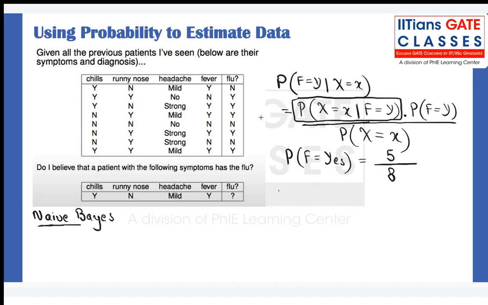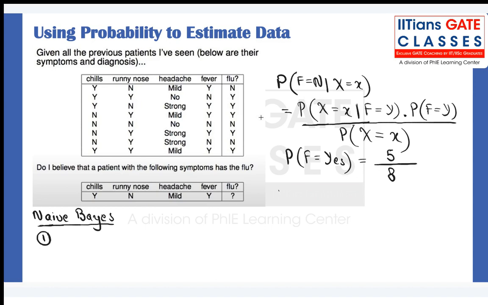It has two observations. Number one, you will only tell me what it is. Let's say that if I asked you whether the person does not have flu, what is the probability? Among these three terms, there will be one term that is unchanged.